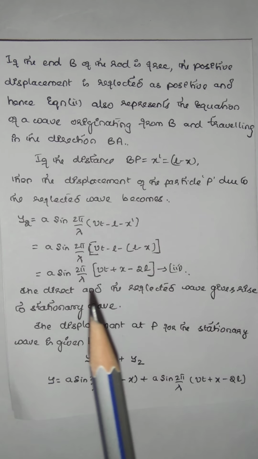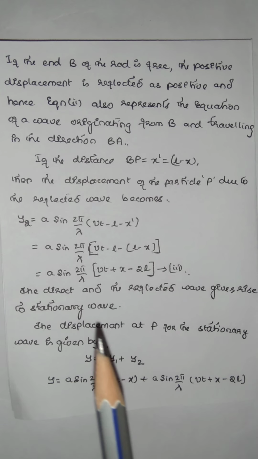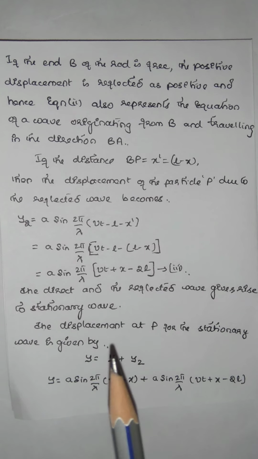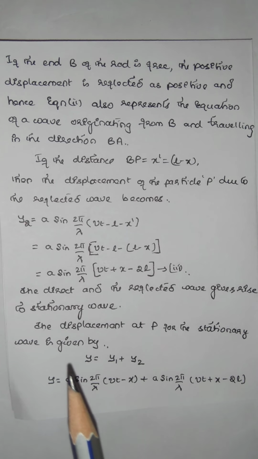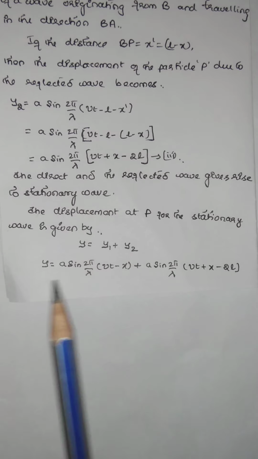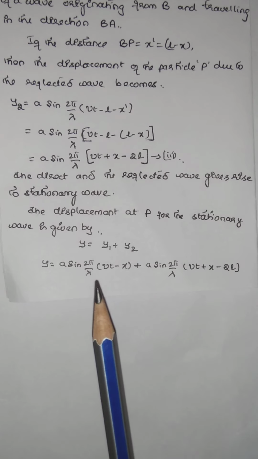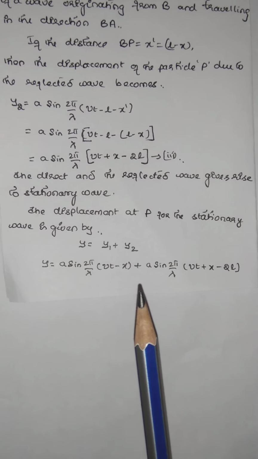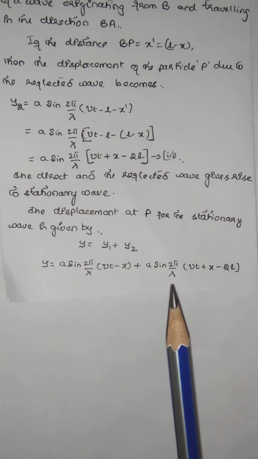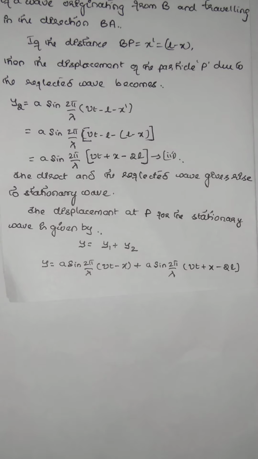Now, this direct and reflected wave gives rise to the formation of a stationary wave. Then, the resultant displacement for the stationary wave is given by y is equal to y1 plus y2. That is y is equal to a sin 2 pi by lambda into (Vt minus x) plus a sin 2 pi by lambda into (Vt plus x minus 2L).